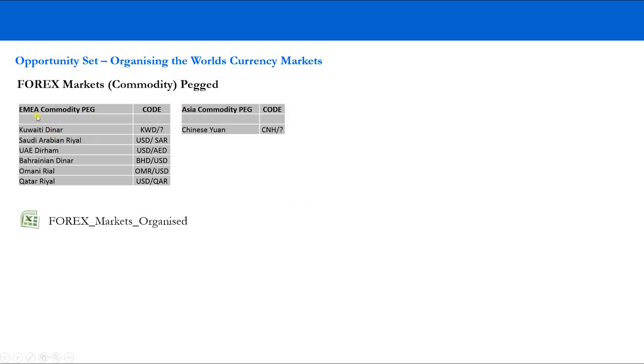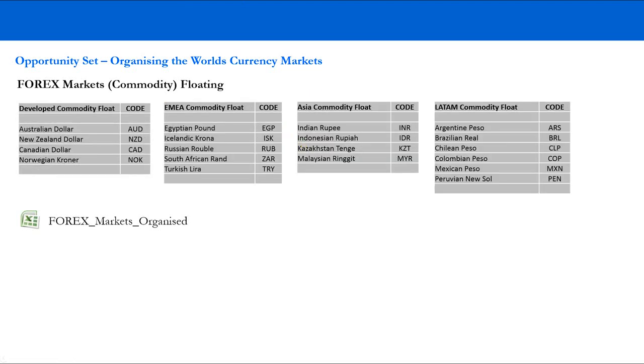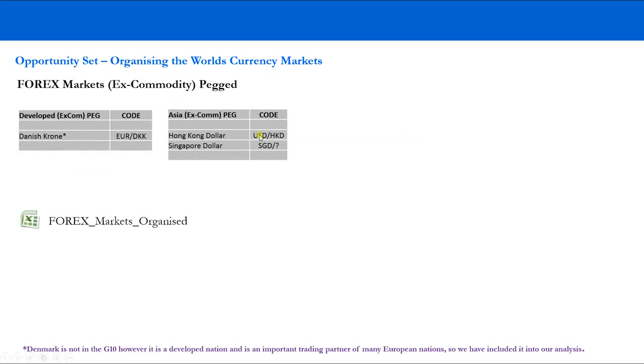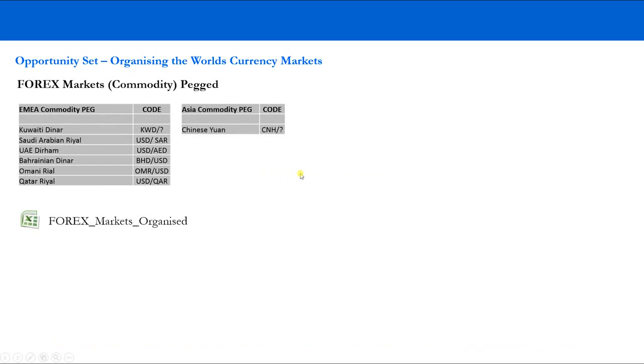And we have here in EMEA all of the GCC countries, and the only Asian currency that has significant exposure to commodities and is pegged is the Chinese yuan. And we have the question mark here next to the Chinese yuan, similar to the question mark next to the Sing dollar. Why is that?